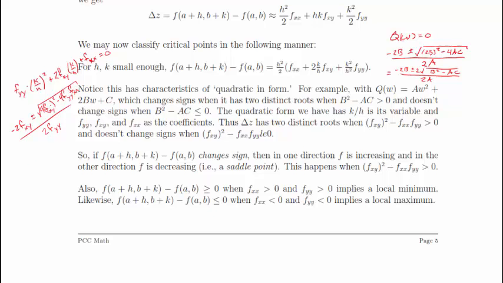So we then have multiple, so the change in z equals 0 twice, meaning there are two values for k over h.